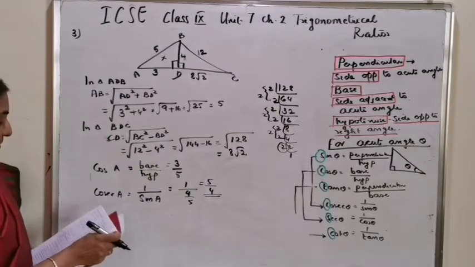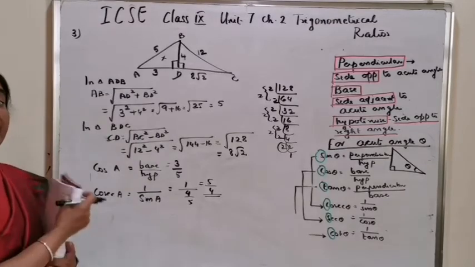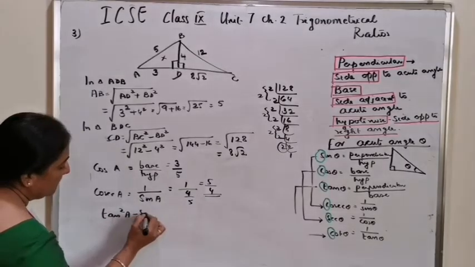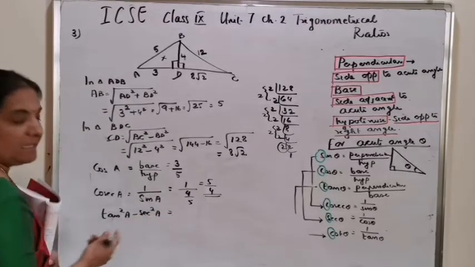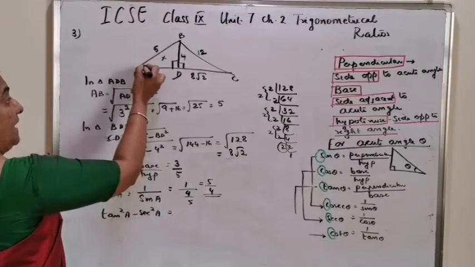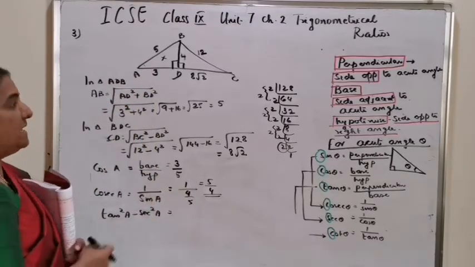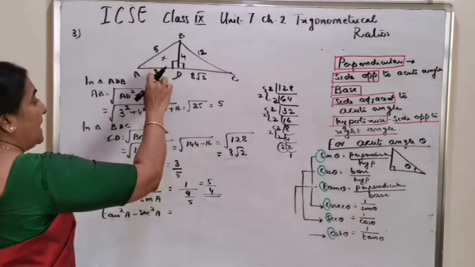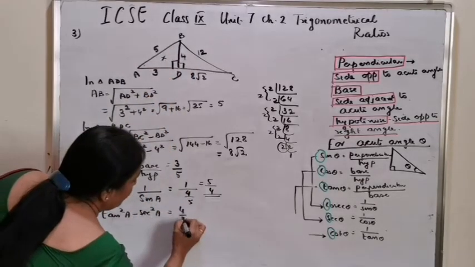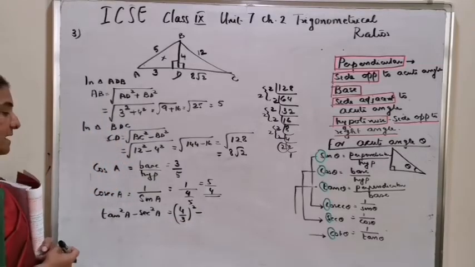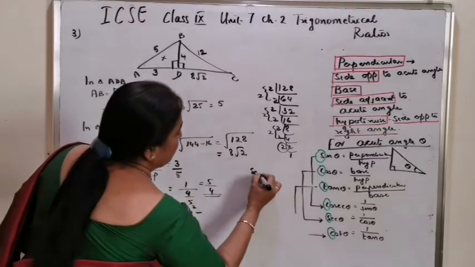The next value is tan square A minus sec square A. Tan A is the same as perpendicular by base, that is 4 by 3, the whole square, minus sec square A. We'll calculate that separately.